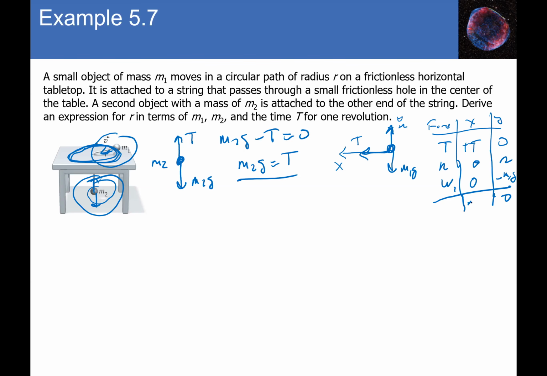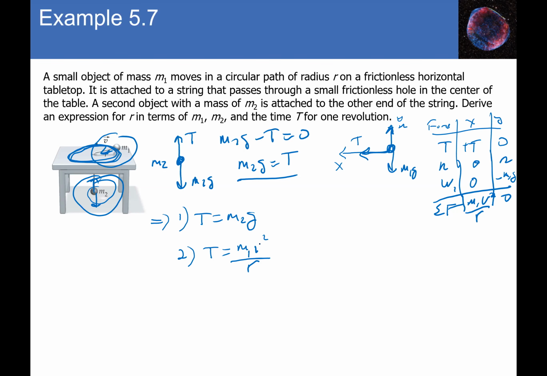This is 0, and this one is m1v squared over r, which is for the net force. That means only the tension gives you the centripetal acceleration. All right, so what we can do here is this. This was one equation, where T equals m2g, which we get from system two. From system 1, we get equation two, where T is equal to m1 v squared over r.